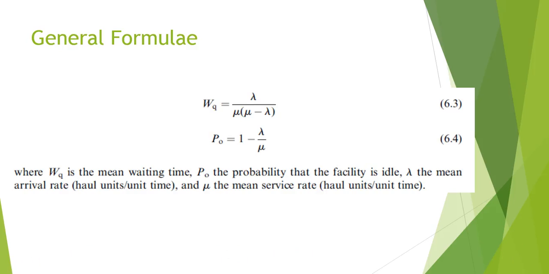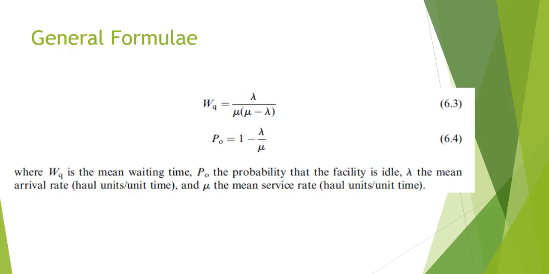When we're talking about queuing theory, we have two important formulas that we want to know about. One is the mean waiting time. How long does that truck stand in line waiting to be serviced after it arrives in line? WQ.